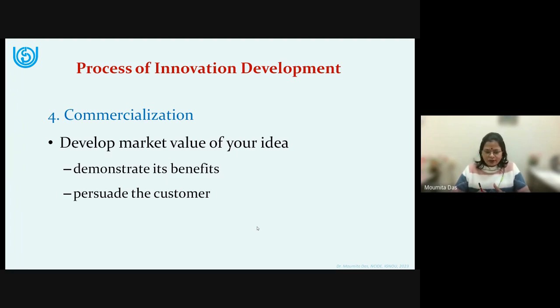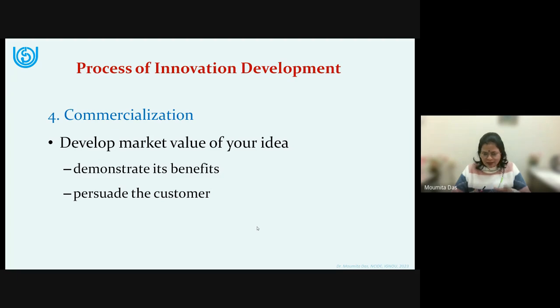And the idea is to persuade the customer to buy your idea prototype. That is called commercialization. And then you take the feedback also in this step, what do they think about your prototype. It could be spread over a time of a few months actually. So everything takes time. So this is what it is all about.